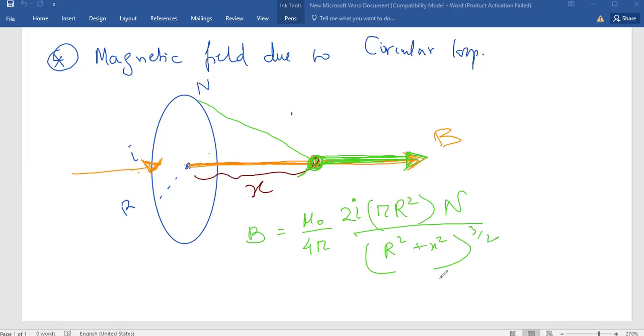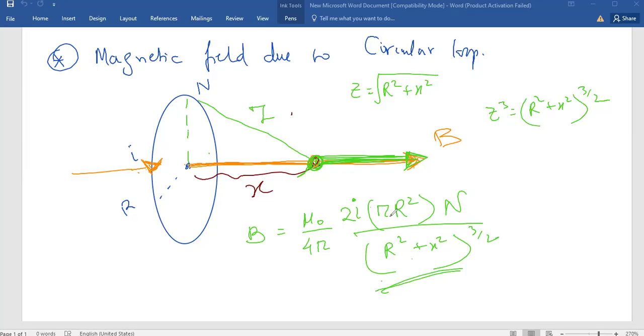Actually, this denominator is because of z. In the denominator we will actually get z cube. And as per Pythagoras theorem, z is the square root of r square plus x square. Now, if you do z cube, you will get this. So if you have any confusion, just remember that it is nothing but z cube. So z cube is r square plus x square to the power 3 by 2. This is what it is in the denominator.